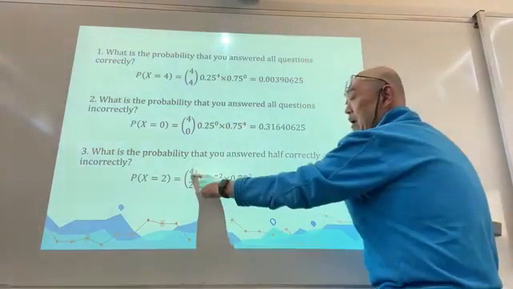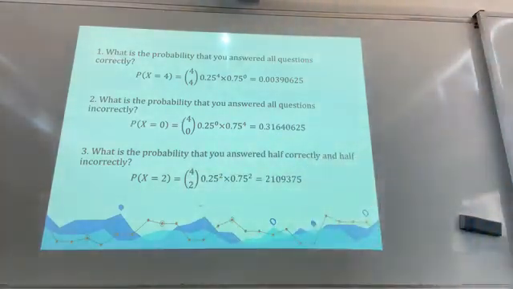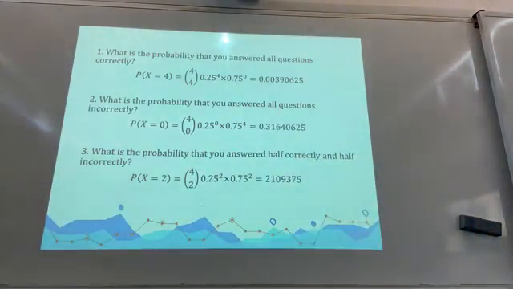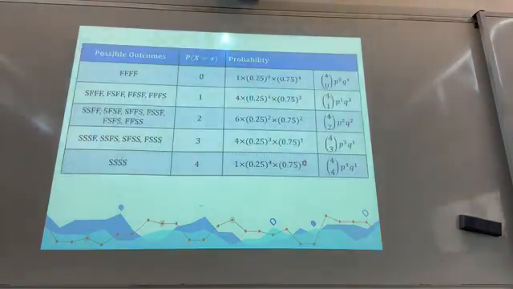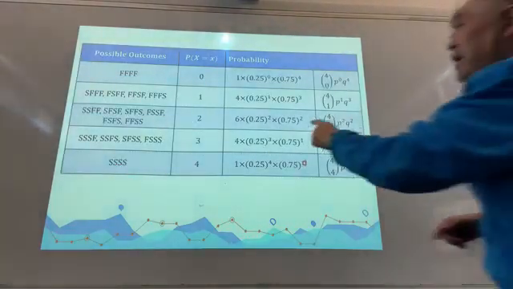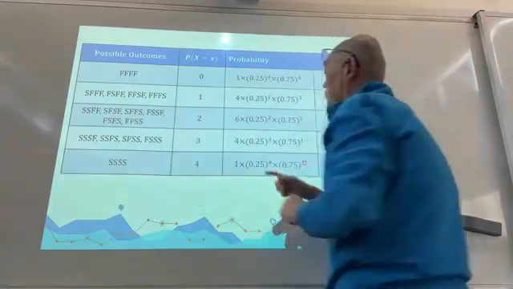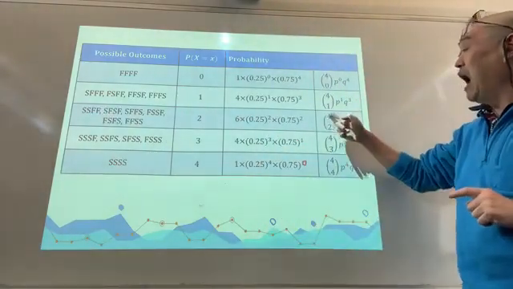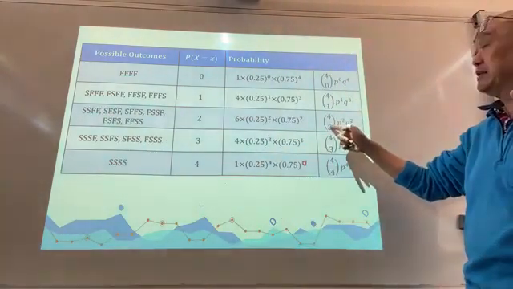The next one, 2 correct. I don't know which 2 questions are correct. Could be 1 and 3, could be 2 and 4, could be 1 and 4, could be whatever. So I'm going to choose out of 4 questions, 2 that are correct.